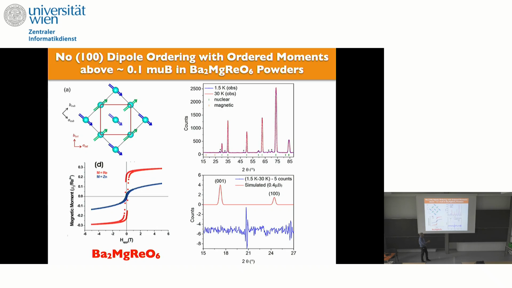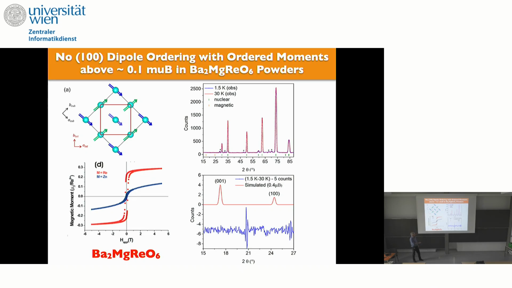So we looked at the difference between 1.5 Kelvin and 30 Kelvin, and we know where to look. We know which wave vector to look at to check that we can see this ordered state with neutrons, and it's these positions here. And this is the simulated diffraction pattern with this structure and 0.4 Bohr magneton ordered moments.